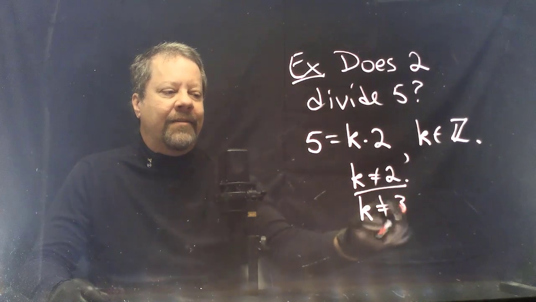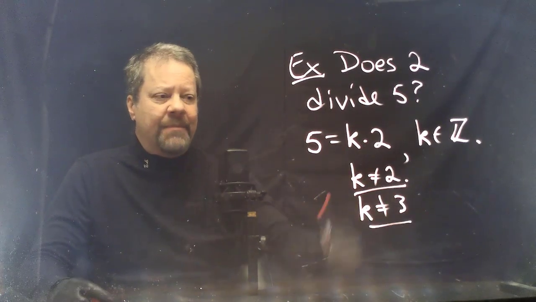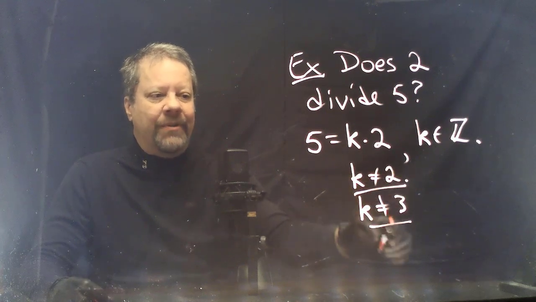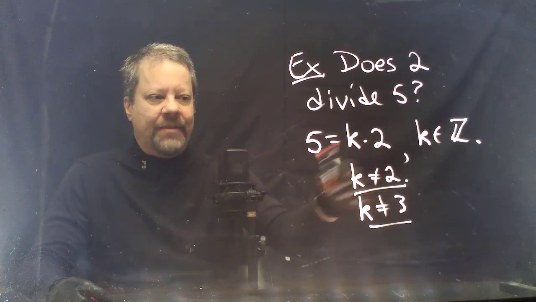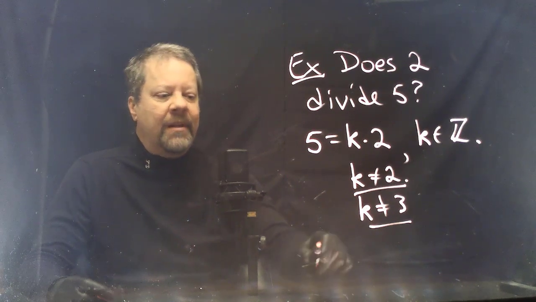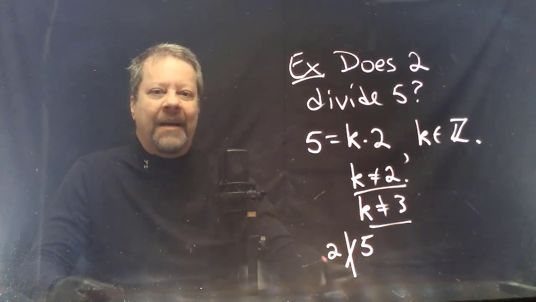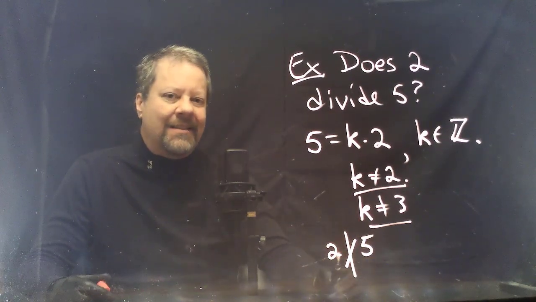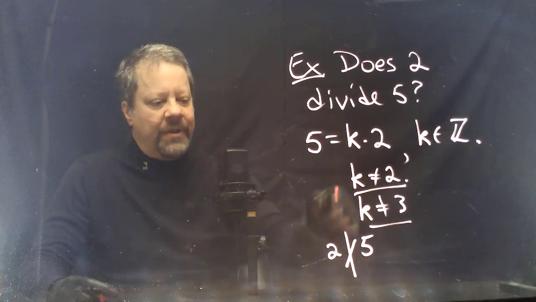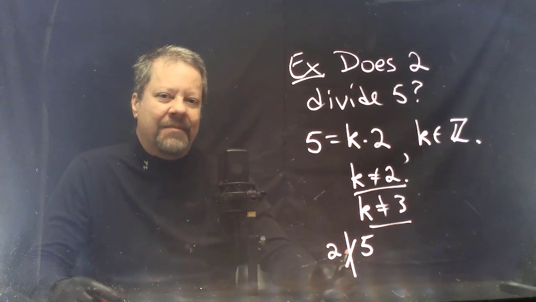And K is not 3, because 3 times 2 is 6. So there would have to be some integer K between 2 and 3 in order to get K times 2 equals 5. But there are no integers between 2 and 3. So 2 does not divide 5. When we want to say that something does not divide something else, we use the vertical slash with a diagonal slash through the vertical slash.